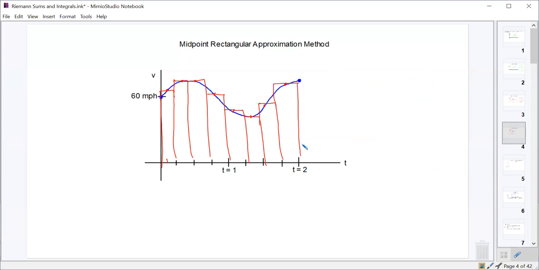And whether the function is increasing or decreasing in this case isn't going to give us any information about whether or not this is an underestimate or an overestimate.